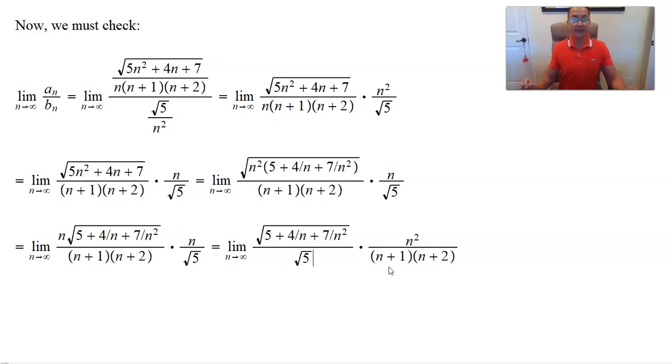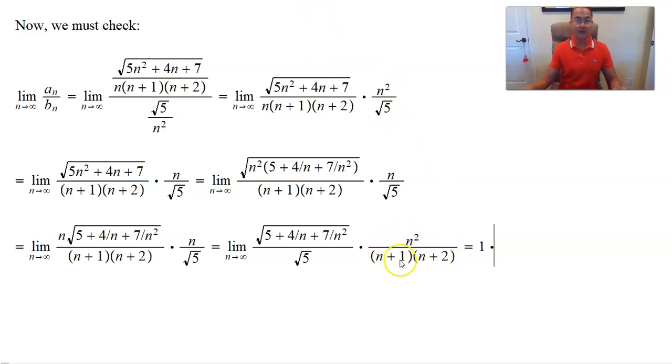Okay, and now we get to use the limit laws, not L'Hopital's rule. Here, as n goes to infinity, we're going to get 0, 0. That becomes square root of 5. So we're going to get square root of 5 over square root of 5, which is just 1. But there's more.